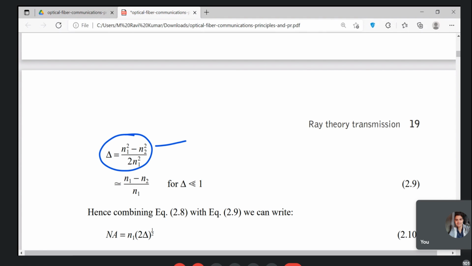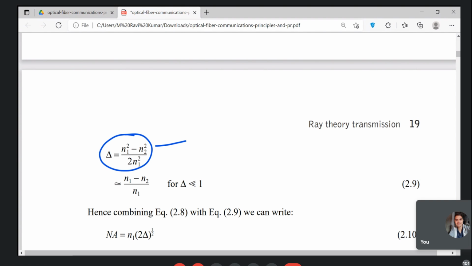Since the values of n1 and n2 are very close to each other, the typical value of n1, the core refractive index, is of the order of around 1.5. The cladding refractive index is usually chosen slightly lower, probably around 1.49 or 1.48. So the difference between n1 and n2 is hardly 0.01 or 0.02.